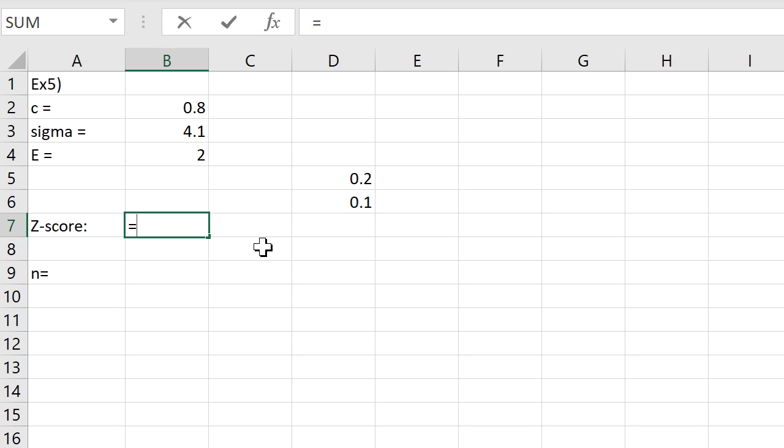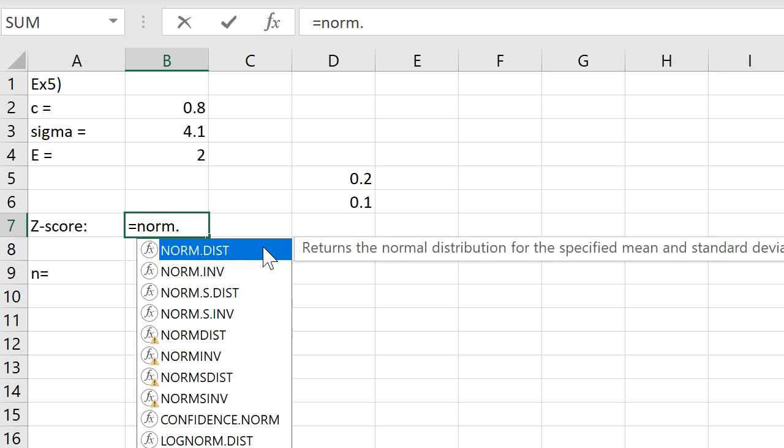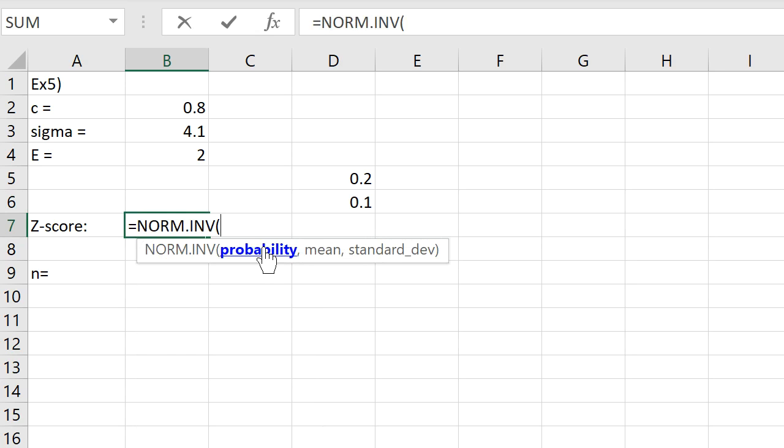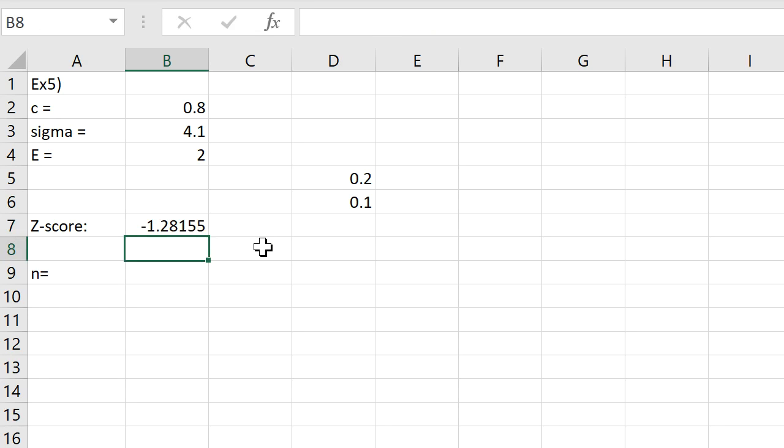So we're going to do equals norm dot inverse. Our probability is going to be the 0.1. Again, we're using the standard normal distribution, so our mean is 0 and our standard deviation is 1. And we get a z-score of negative 1.28155.